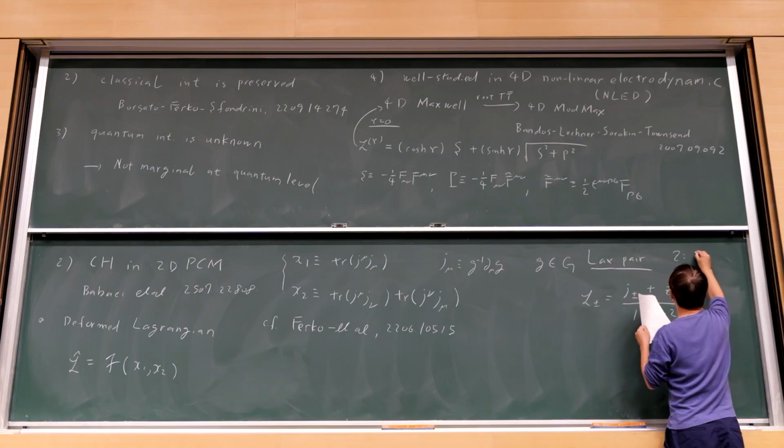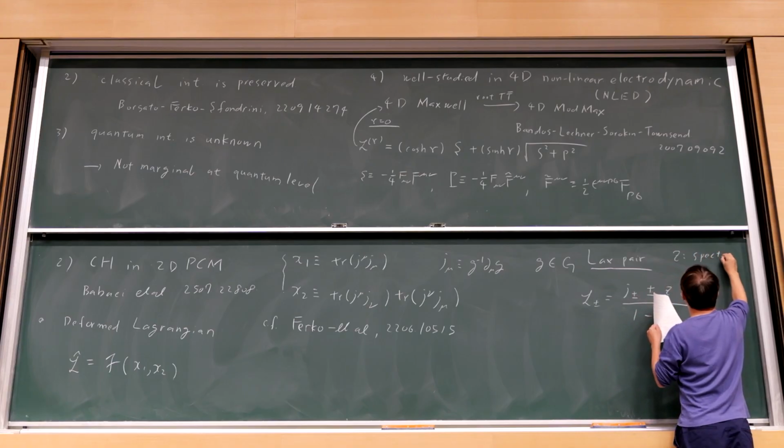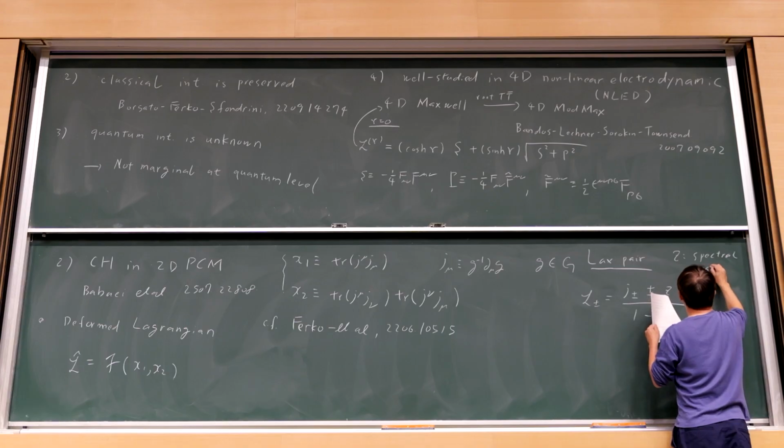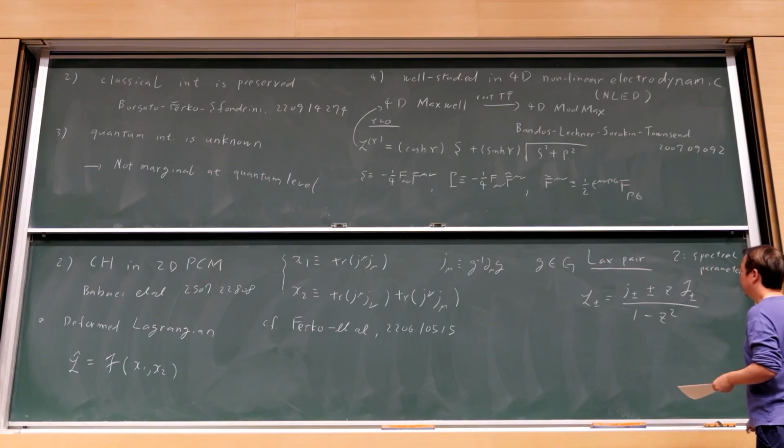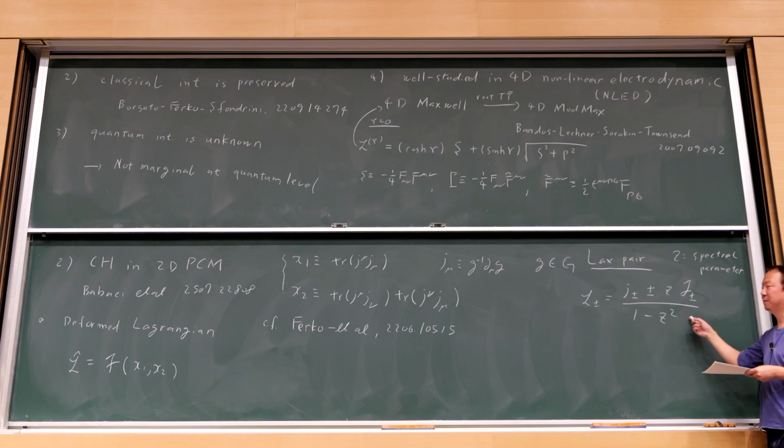Of course, g is a spectral parameter. Please note that the pole structure of the Lax pair is slightly different from the usual principal chiral model. The spectral parameter appears here, and this curly j is an arbitrary function.